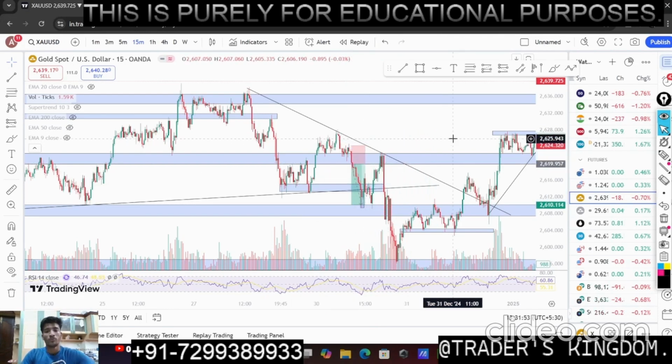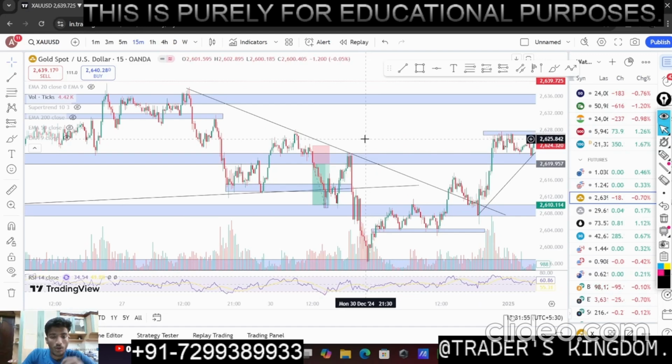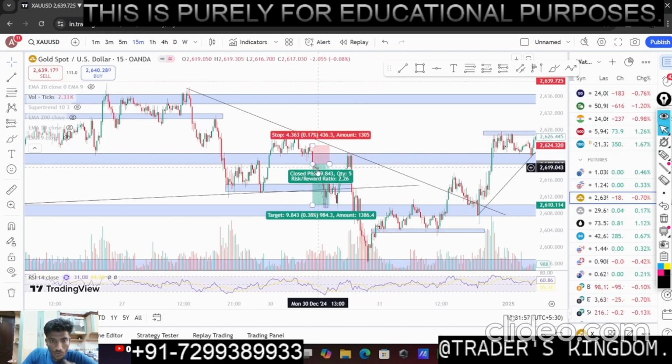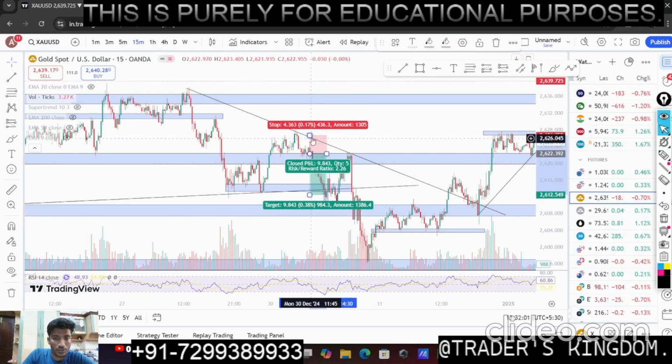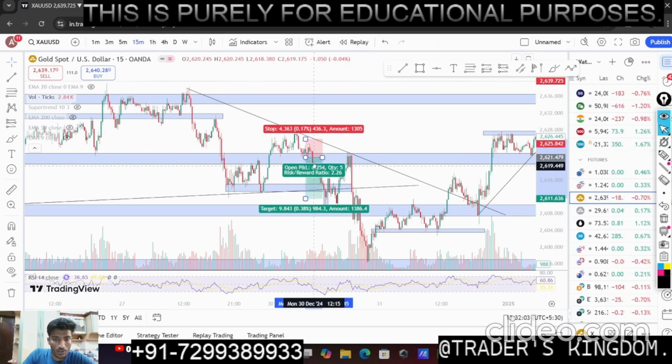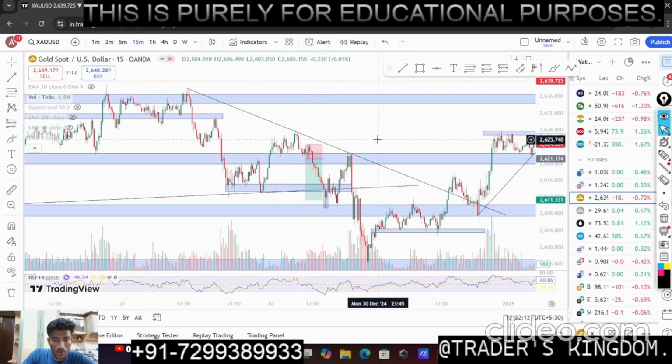Now, when I talk about my trade, I entered pretty early. Not even here, because I had marked the zone a bit faulty, and my entry was pretty much here with the stop loss. The trade came just to hit my stop loss and then went in my favor.